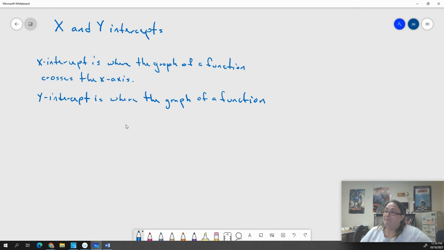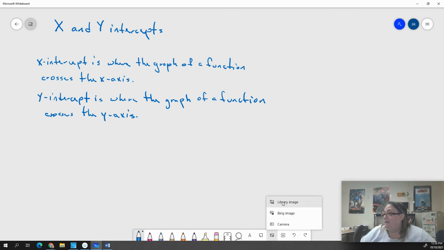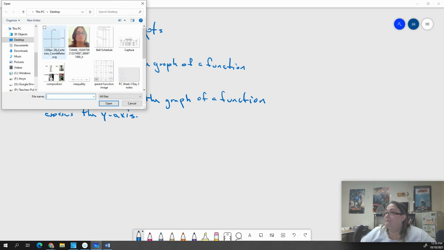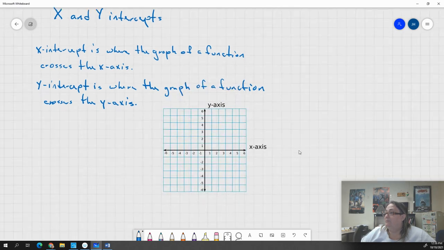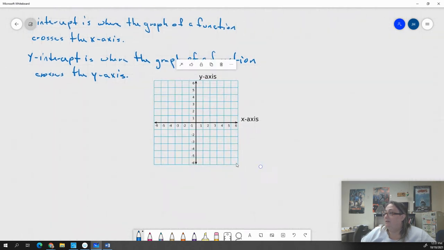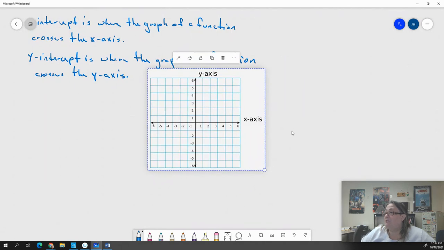It's where the graph of a function crosses the y-axis. What does that mean? It means that if I have this graph right here, this graph that we love so much, and on here I have some function graphed.